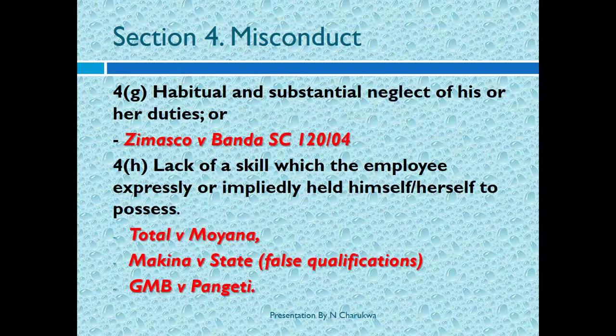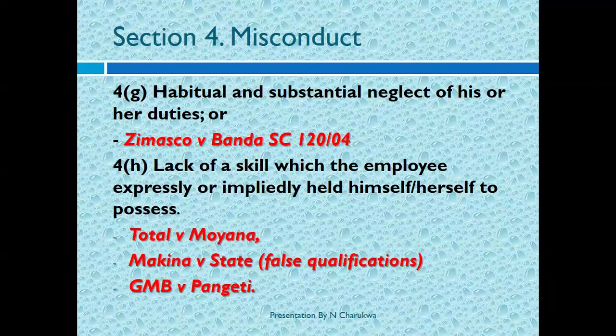And then G, habitual and substantial neglect of his or her duties. Now, when you look at habitual and substantial neglect, first of all, the word habitual is coming from the root word habit. And for a human being to develop a habit, it has been scientifically proven that it takes 21 days for somebody to develop a habit.